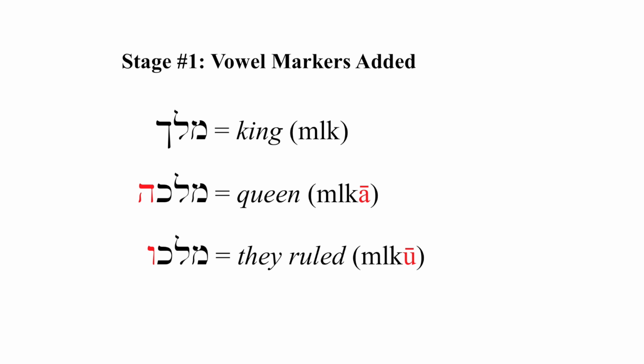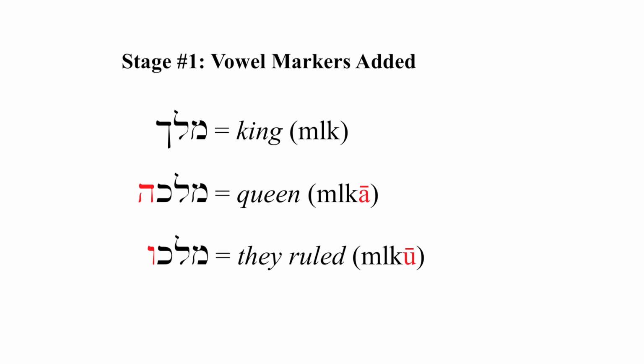What that represents is a vowel sound. So king, melech, but queen, malkah. And if you say the ah sound, you can kind of hear the remnant of an H sound at the end of the vowel, ah.